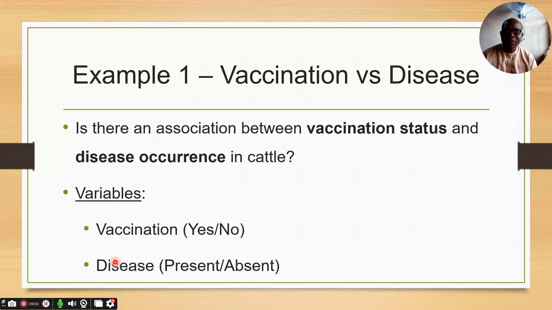The second variable is the disease. If the animal is diseased, that is presence of disease or absence of disease, it also puts the herd into categories. So this is a great example of our test of independence for chi-square.